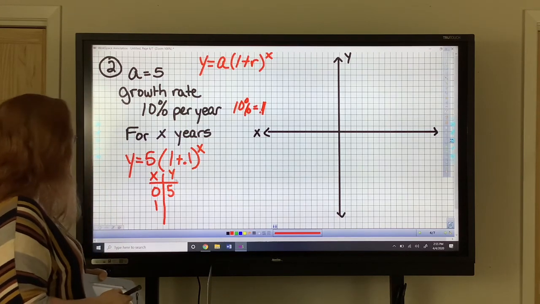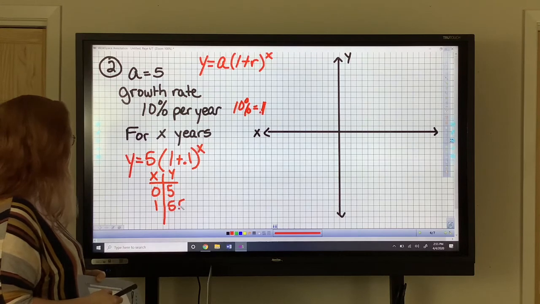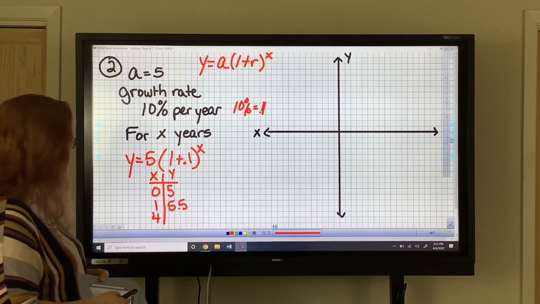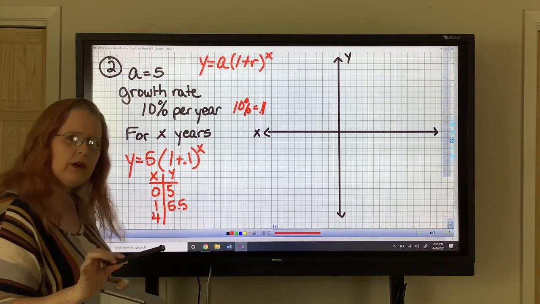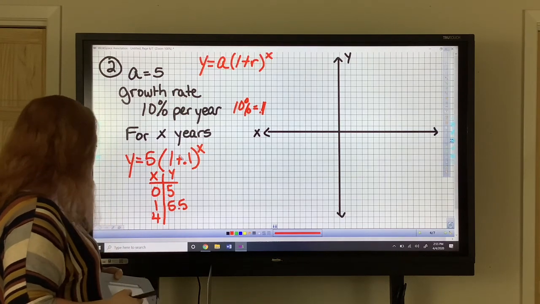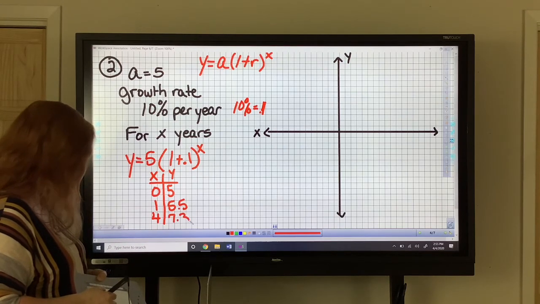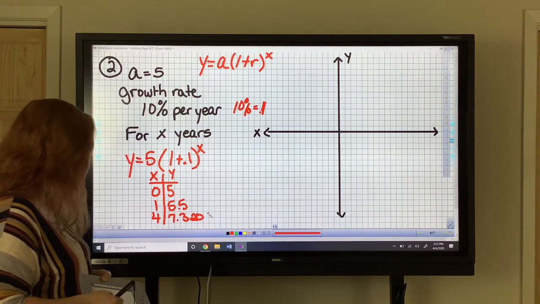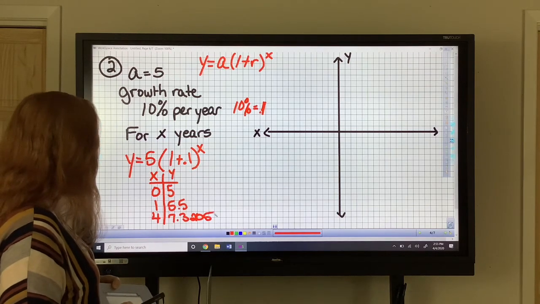So it's going to be 1.1 times 5, which is 5.5. And then if you put in a 4, you're going to get 1.1 to the 4th power, which is approximately 1.46, I think. And then if you work it out, you get 7.3205.